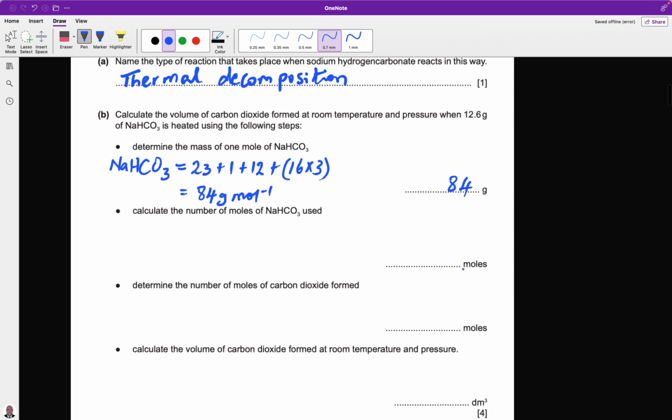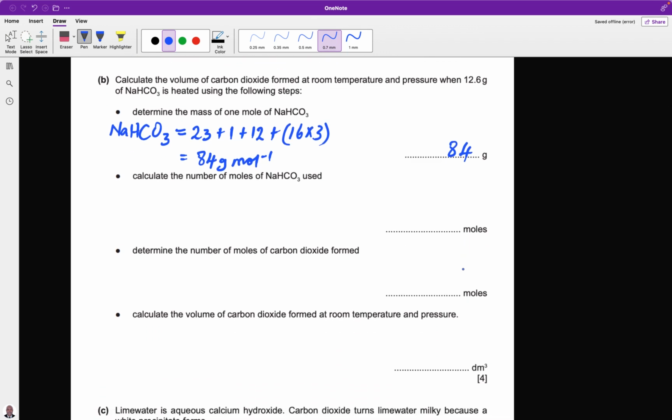Now, calculate the number of moles of sodium hydrogen carbonate used.